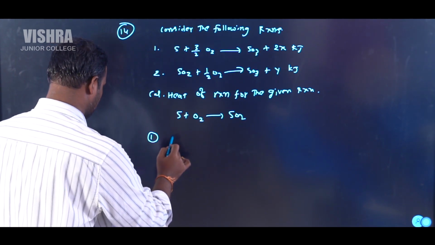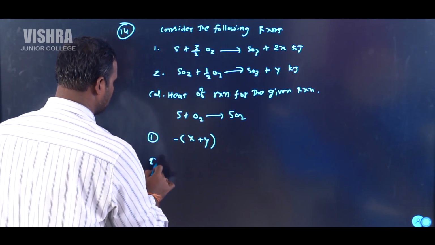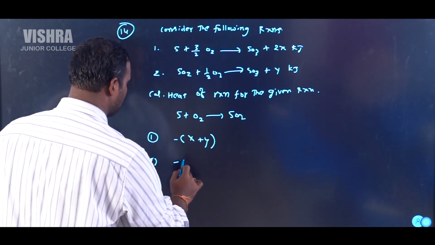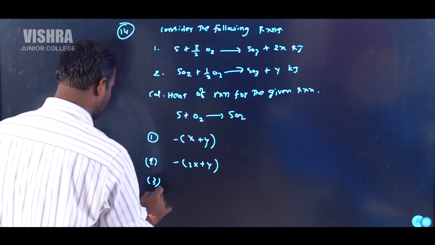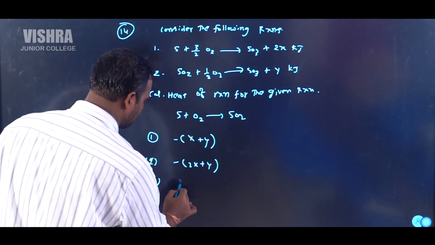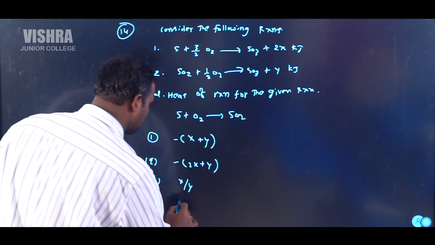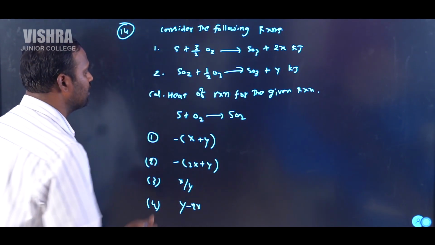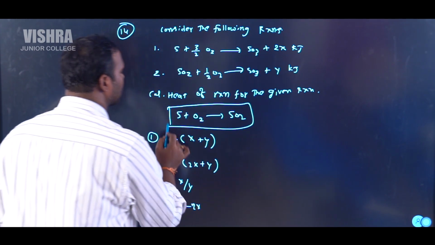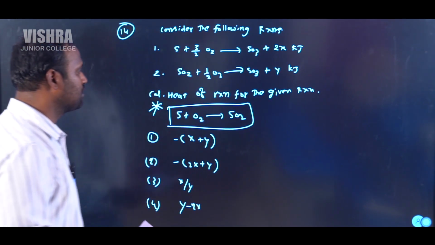First option is minus x plus y. Second option is minus 2x plus y. Third option is x by y. Fourth option is y minus 2. How do you find the heat of the S plus O2 gives SO2 reaction? That is the question given in this case.